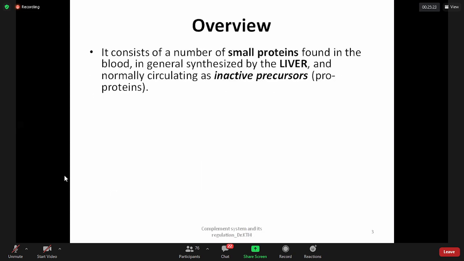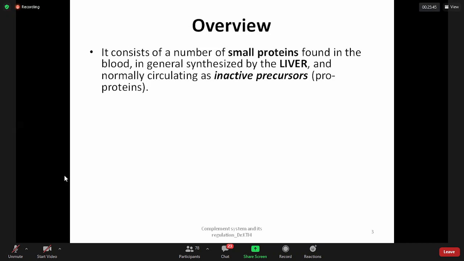So this system consists of quite a number of small proteins, and these proteins are found in blood, and they are generally made from the liver. But also some of these are made from macrophages and monocytes, and they are usually found as inactive precursors.